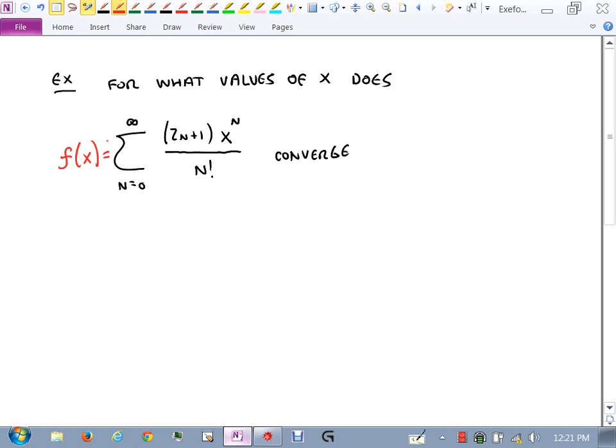I'm just saying in terms of the big question here, I'm asking you for what values of x does this power series converge? But if I look at the power series as a function, then what am I asking you in terms of that function? For the domain, right? I'm asking for the domain of that function, right? Okay, just make sure we're all clear on that. I want to know the domain of that function if I define it that way, which is equivalent to asking for what values of x does that power series converge.